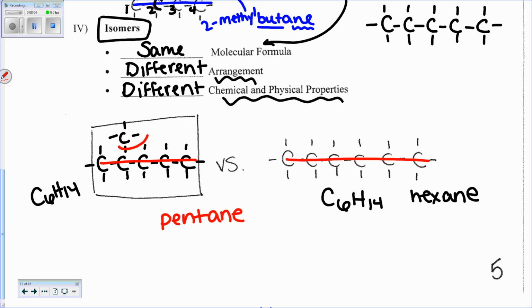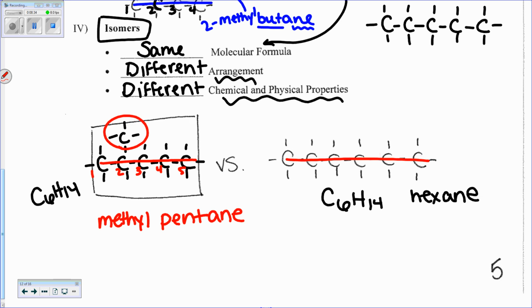Well, I've got someone funny sitting here. That is 1 C, so meth, but it only has 3 H's on it, so it's not methane, it's methyl, and I have to tell them where it is. So I should label my carbons: 1, 2, 3, 4, 5. I could also number it the other way, but that would not put this on the lowest number carbon.